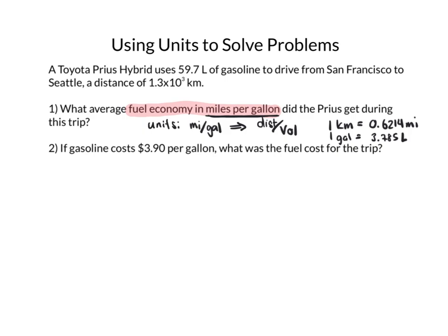So I have a couple of ways that I can approach this. I could convert these to the right units first and then do the division, or I could simply do the division and then convert the answer to the correct units. Let's do the division first and then convert the answer so we can see how we would convert multiple units in one step.